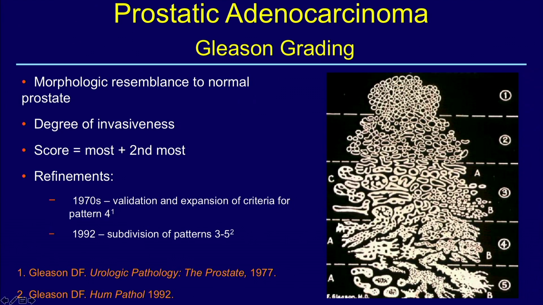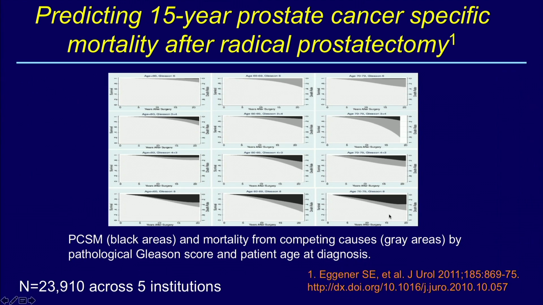Notice that there are patterns that bridge this dividing line between, say, 3 and 4. There were those patterns that he couldn't really get his head around in terms of statistical analysis to show, should they be lower grade patterns or should they be higher grade patterns? So let's get into that a little bit later.